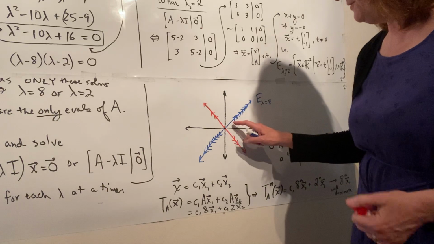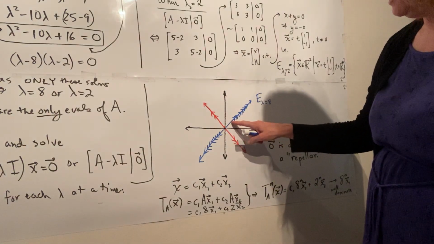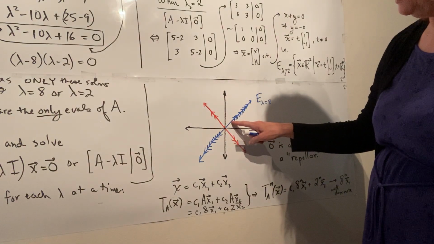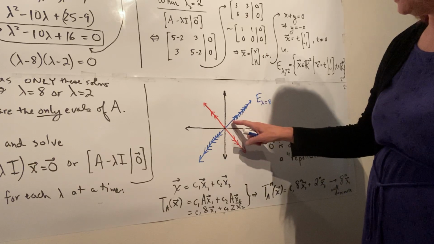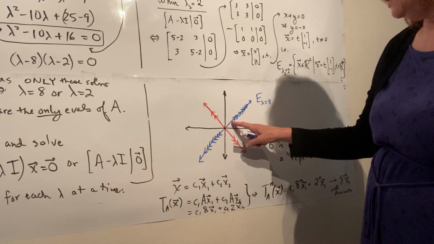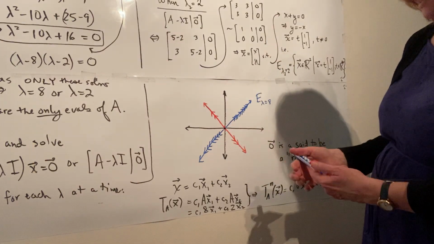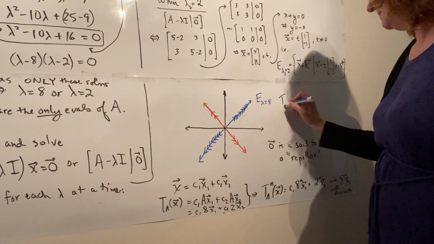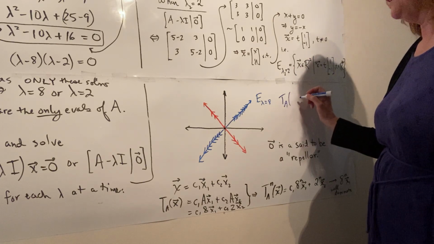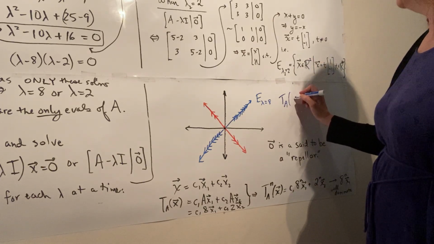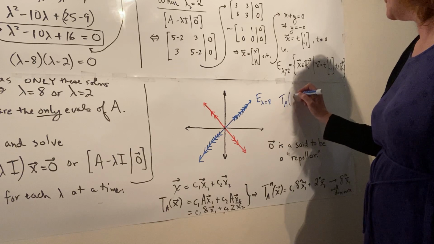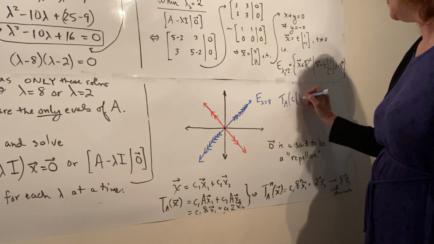Okay, so if a point on the plane is somewhere along the line y equal to x, then when you apply T sub A to that vector, that's some constant multiple of (1, 1).